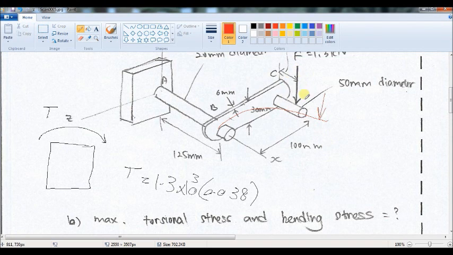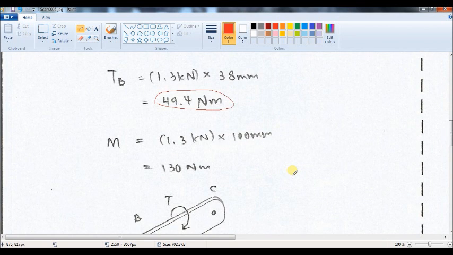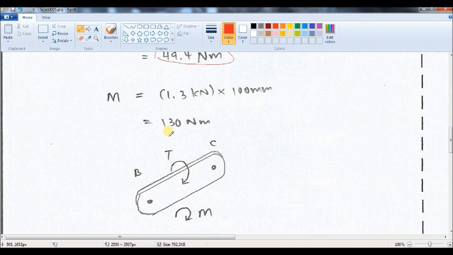And this moment equals F times this distance, which is 100 millimeter. So 1.3 kilonewton times 100 millimeter, and the moment is 130 Newton meter.